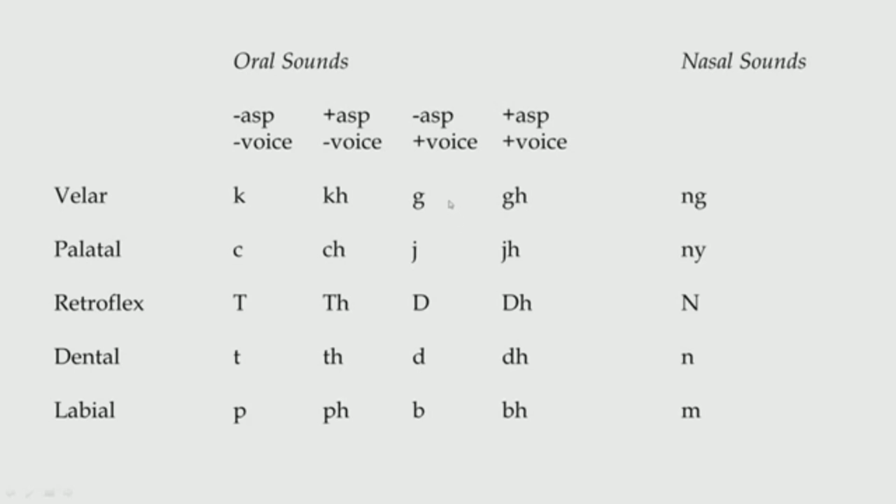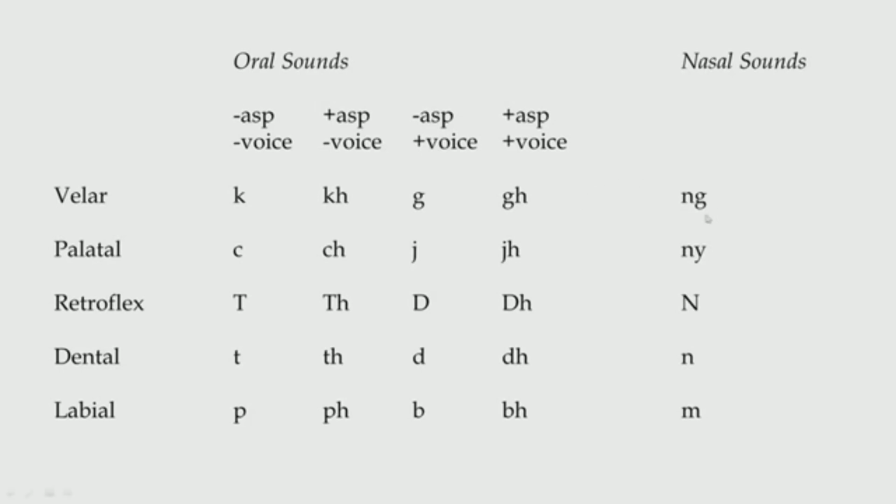The difference horizontally between these sounds is according to their manners of articulation. So let us start and see. The broad distinction that you see here is that 4 of them, like ka, kha, ga and gha, are oral sounds, and the last one is a nasal sound. Remember our distinction between oral cavity and nasal cavity?